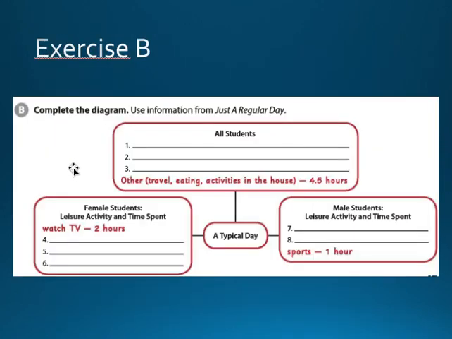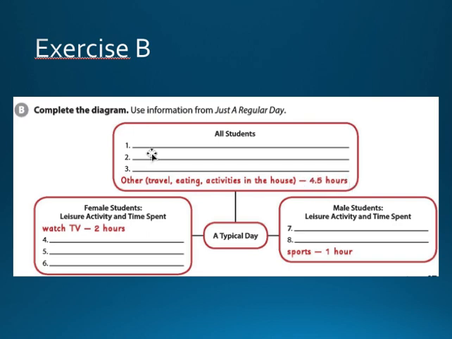For exercise B, again, we have these boxes that need to be completed with sentences from the reading. How are we going to do it? Here in red, we have words that will help us to complete it. In this box, all the students, we have other, and between parentheses we have travel, eating, activities in the house. 4.5 hours.